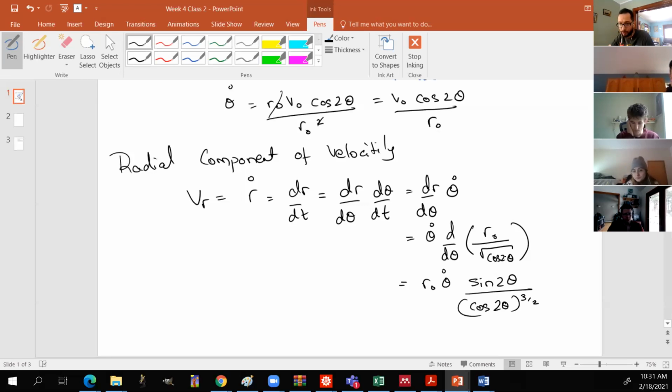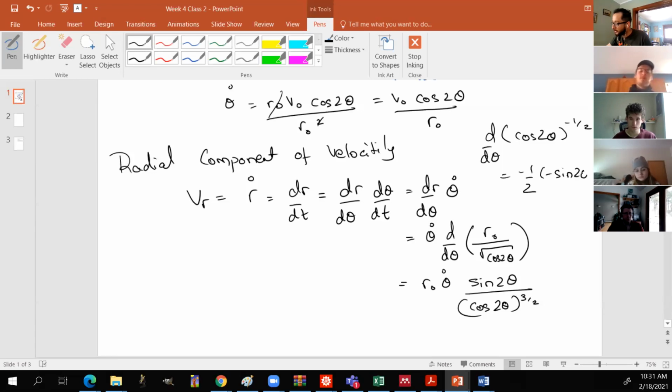Do you guys want to go through how to differentiate this? Basically, d by d theta of cosine 2 theta to the power of minus half, right? So the minus half comes down. The derivative of cosine 2 theta is minus sine 2 theta, and then the 2 from the 2 theta comes outside.